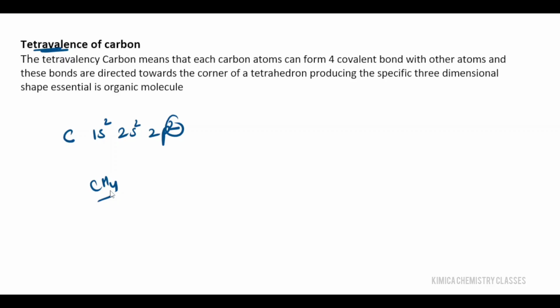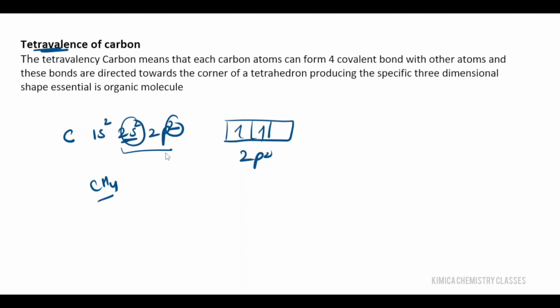How does carbon show tetravalency? As we all know, in 2p2 this is the arrangement of orbitals in this situation.